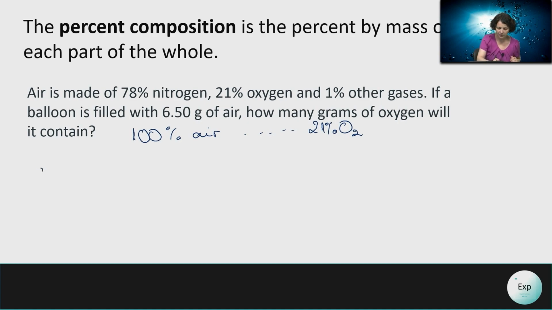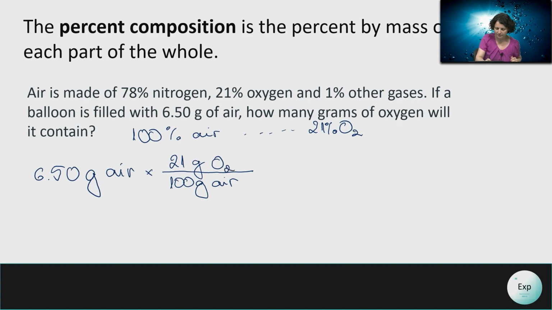So if we start with what the problem provides, 6.50 grams of air, and then we say in every 100 grams of air, we have 21 grams of oxygen, because this is the 21%. Then what we have is the grams of air cancel, and we will be left with 1.37 grams of oxygen. That means this is what we have available to burn something that is around this air sample.